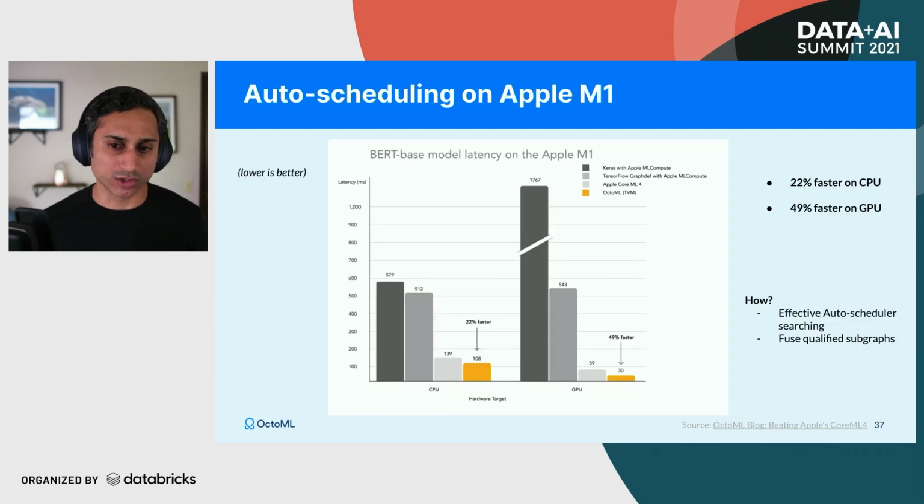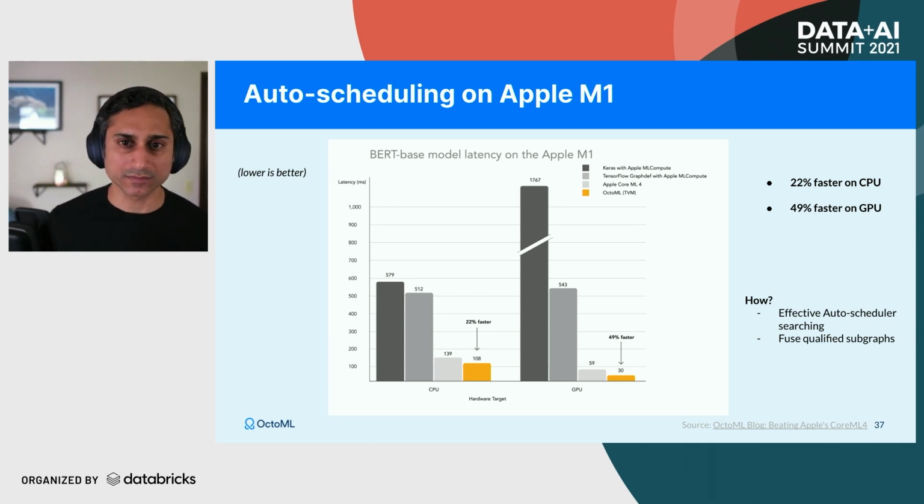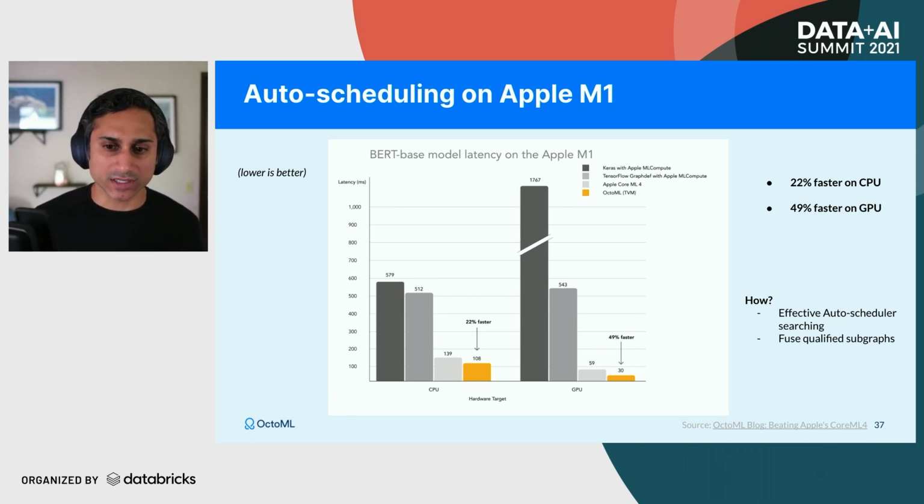So here's some real world results from this. In December 2020, we compiled Hugging Face's BERT-based model, a common NLP model, against Apple's new M1 chipset. And we got what we believe is currently the fastest BERT performance that we know of on Apple's ARM-based M1. So we got 22% faster CPU and 49% faster GPU, which you can see in orange.